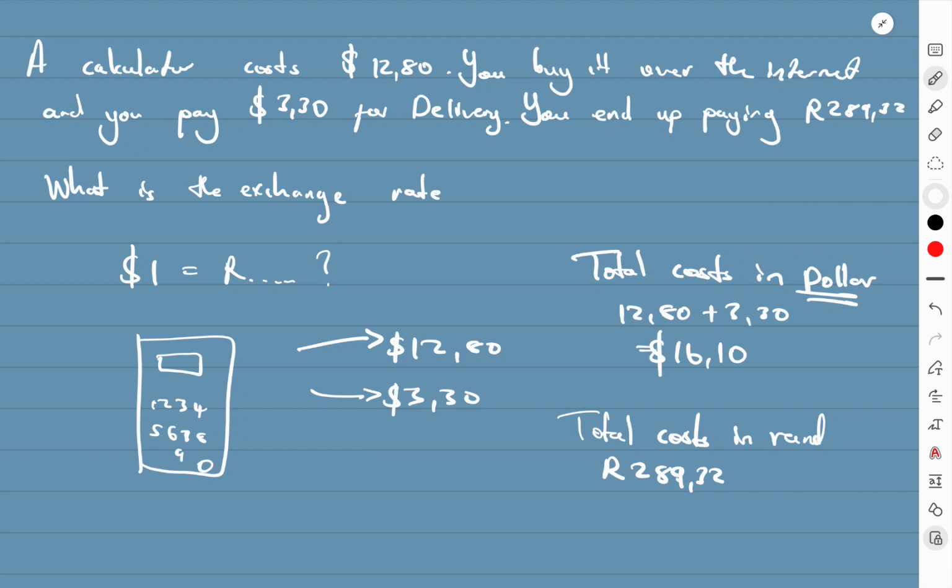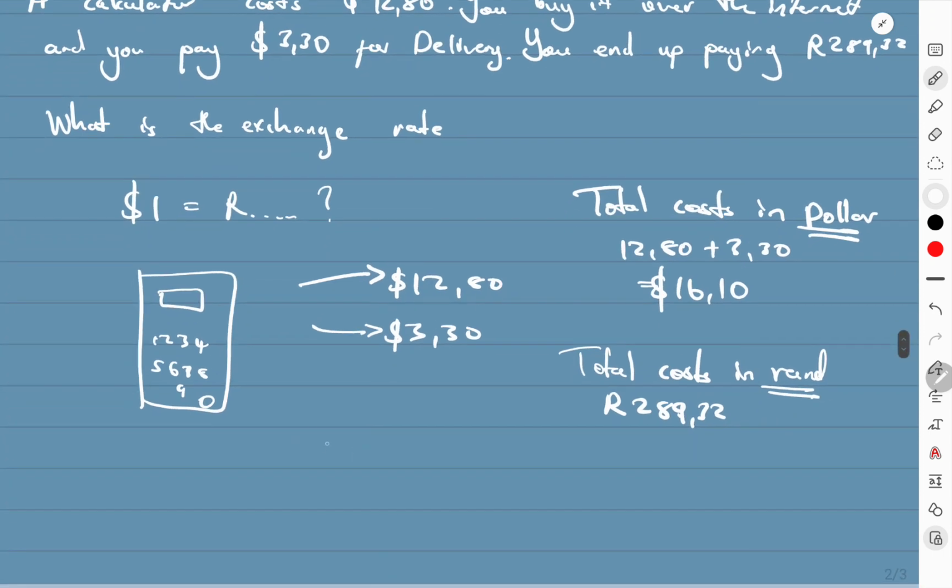The rands that you are going to pay should be the same as the dollars you are supposed to pay. The total cost in rands is 289.32, and the total cost in dollars is 16.10. So $16.10 is the same as 289.32 rands. That is the exchange rate.